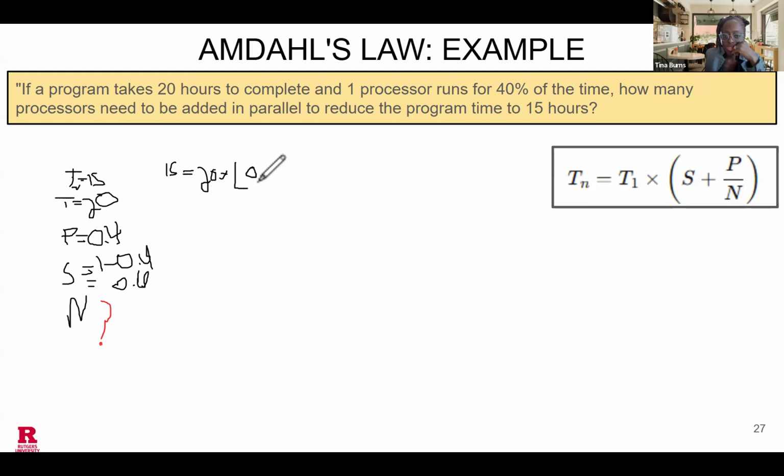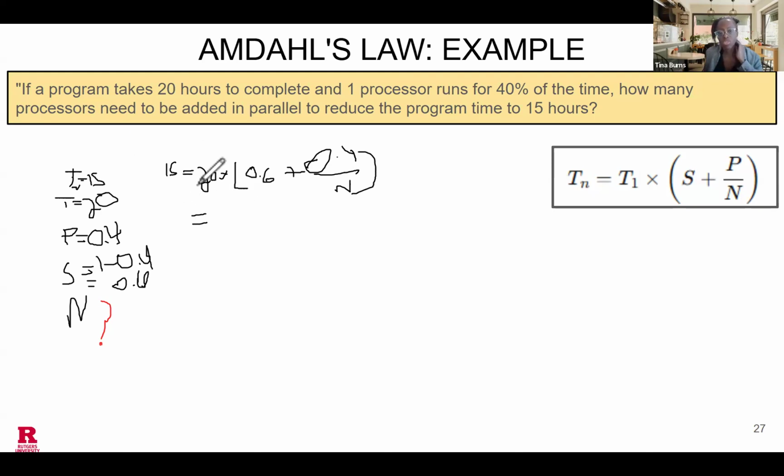I already said that's going to be 60%, plus my parallel portion. Now if my number of processors stays the same, then we already know that's going to be 1, but it's not. So we have 0.4 divided by whatever my processors are, right?